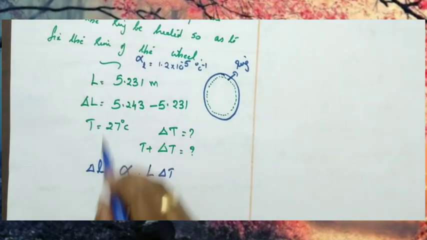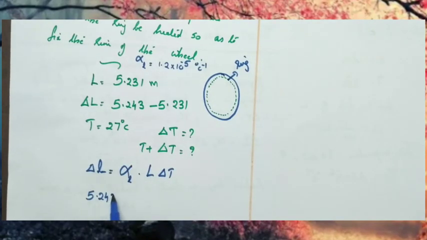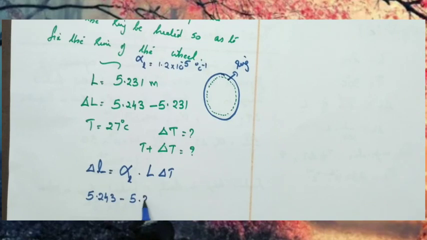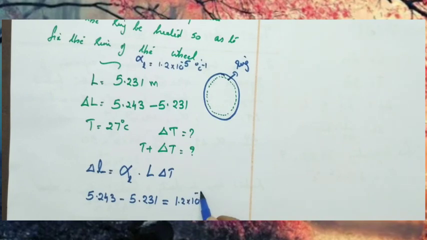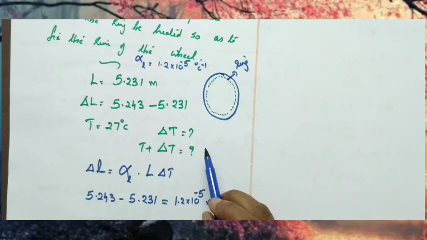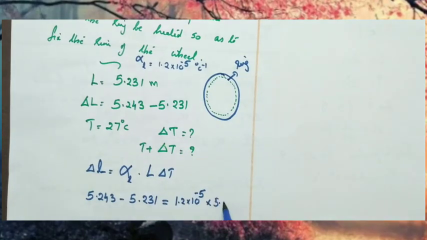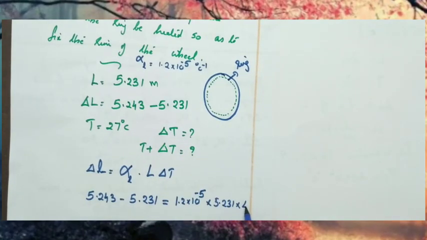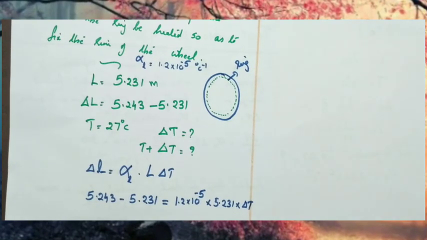Delta L, what is the increase in length? 5.243 minus 5.231 is equal to alpha L, that is given as 1.2 into 10 raised to minus 5, into the original length, which is 5.231, into delta T. Okay, so using this formula, using the simplification, we can find out delta T.